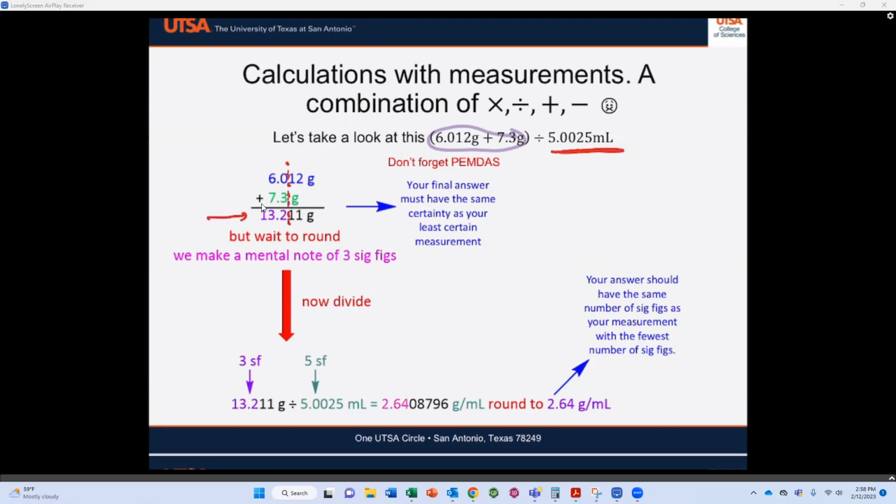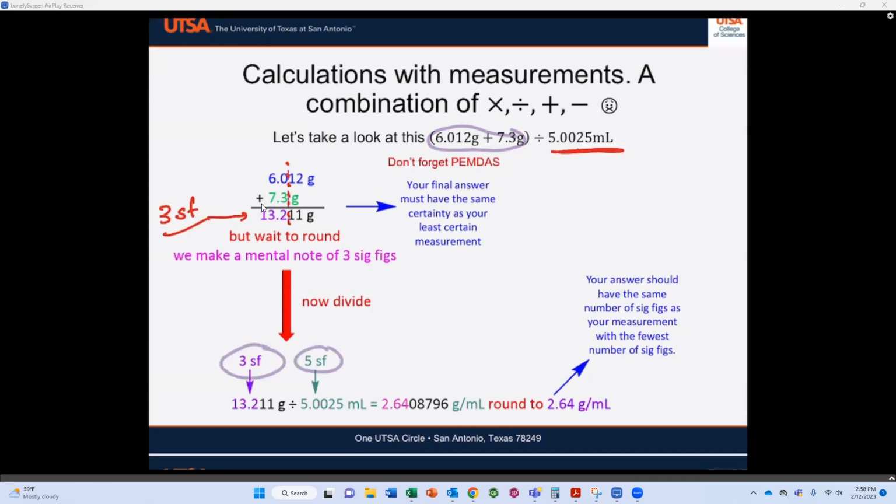So now I have to pay attention that after I did this addition step, my final answer would have 3 significant figures, which of course, the second part is a division step. So now the number of significant figures determines how many are in my final answer. The second value of 5.0025 mL has 5 significant figures, but that doesn't matter.